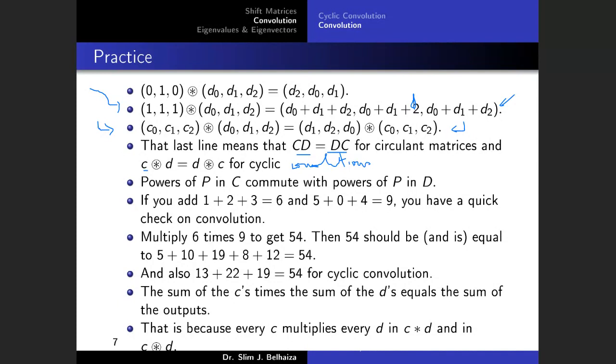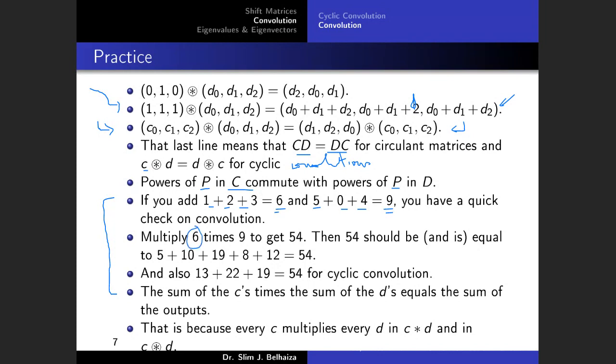Now, in fact, what happened here is that powers of P in C commute with powers of P in D, and there is a kind of magic trick here. You can have the fun or the pleasure to dig on it. If you take 1 plus 2 plus 3, which appeared in the previous example, which should give 6, and you multiply it by 5 plus 0 plus 4, which gave 9, you have a quick check on convolution.